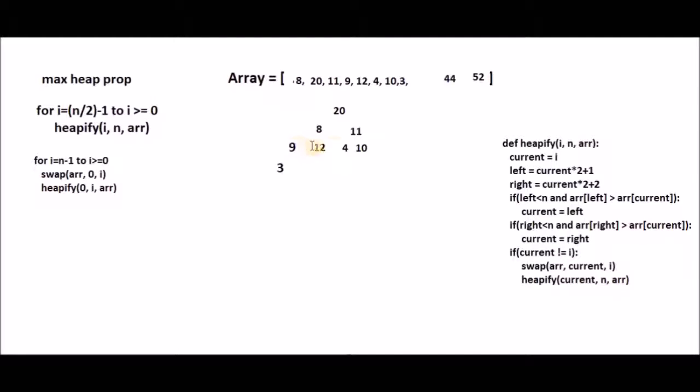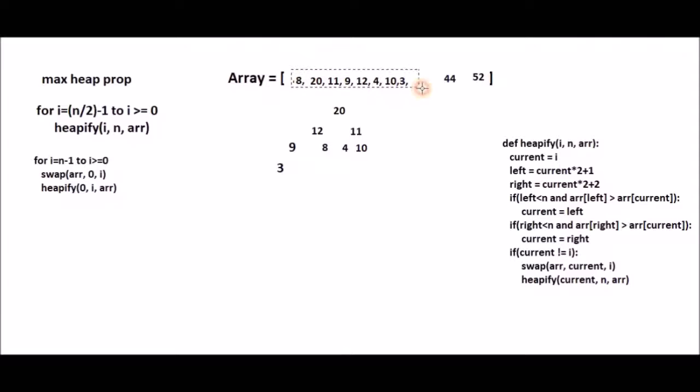So now I have 9 and 12. So I swap 8 and 12. So I have 12 and then I have 8. And then at this point there is nowhere else to go, so I just take 20 and I swap it with 3.